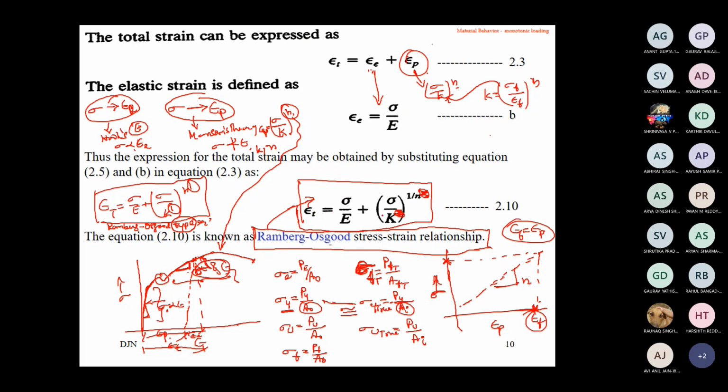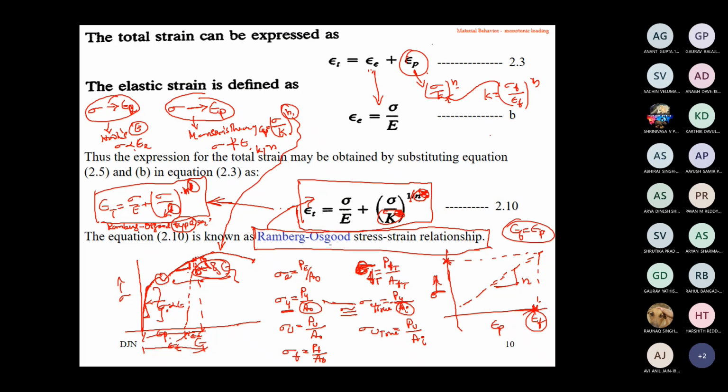If we substitute the cyclic strength coefficient and the cyclic strain hardening exponent n in the plastic region, then the equation can be rearranged as I have written just now. But at that time we will write K dash and N dash.